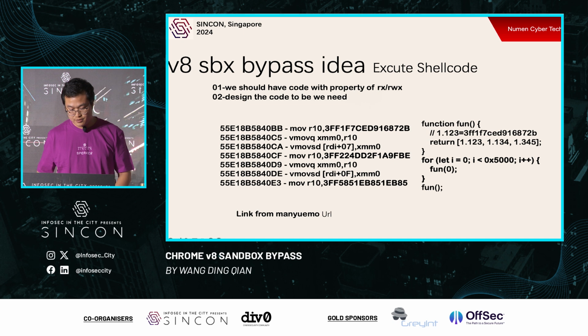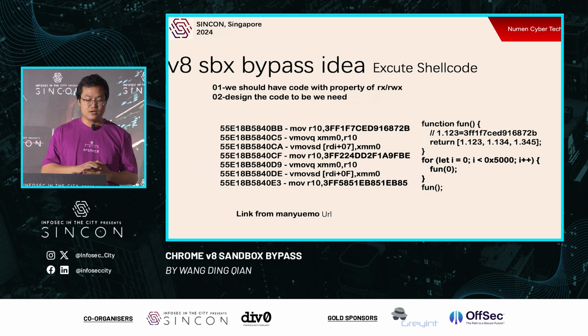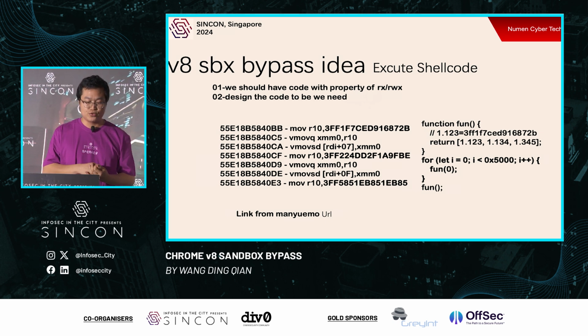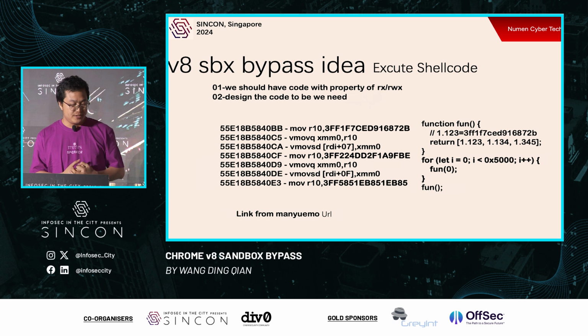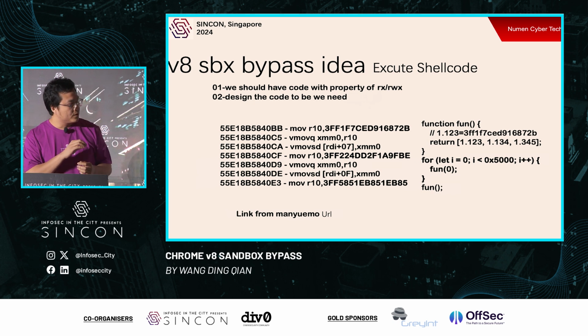I think we can see this one. You cannot see the pointer maybe. Oh, you can see here. Move R10, and after R10 there is a number, and after Maimo updated his POC, Google immediately patched it. He made this number not executable.